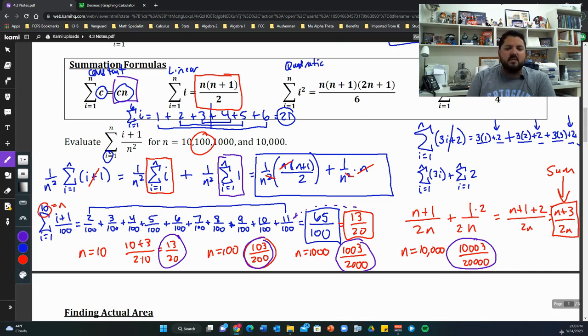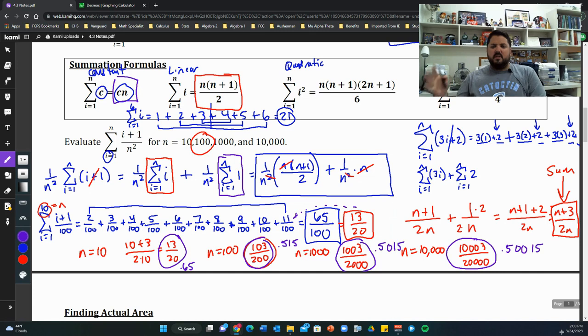If we were to look at decimals for these, this would be 0.65, or excuse me, not 0.65. Let's do 103 over 200. That would be 0.515. This would be 0.5015. This would be 0.50015.